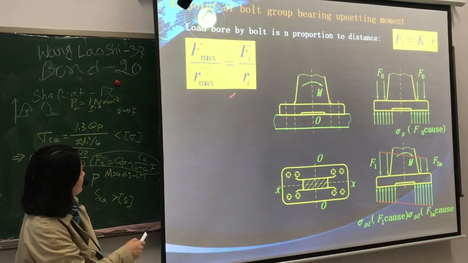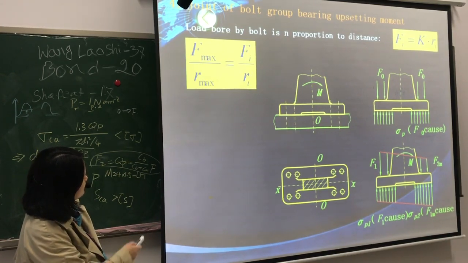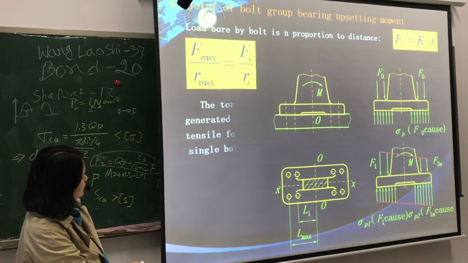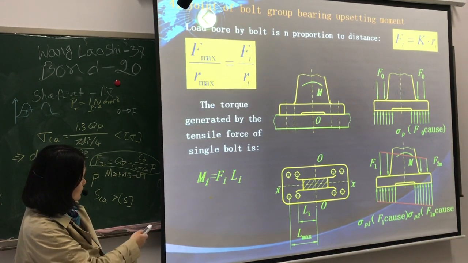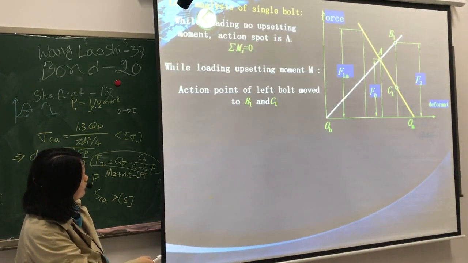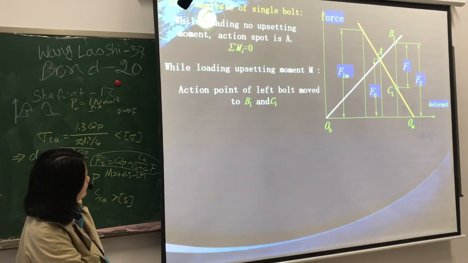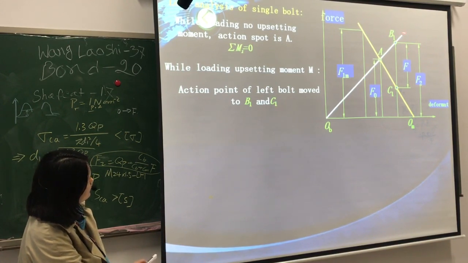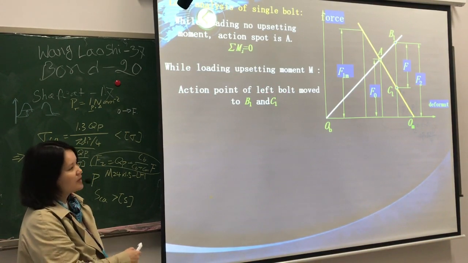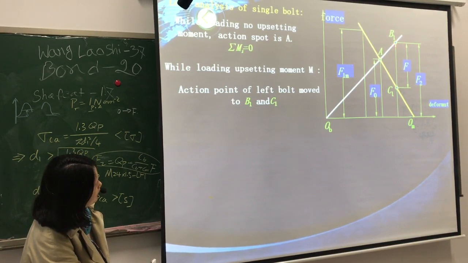And we can calculate like this. R is the distance. Calculate the total. We also can use this curve to describe it. B1 and C1 are for the left bolt. The left bolt will move to B1.